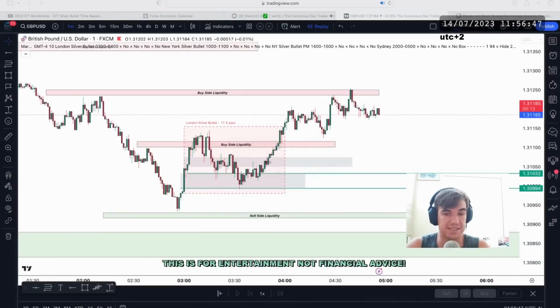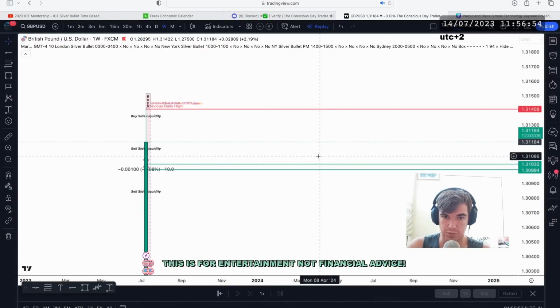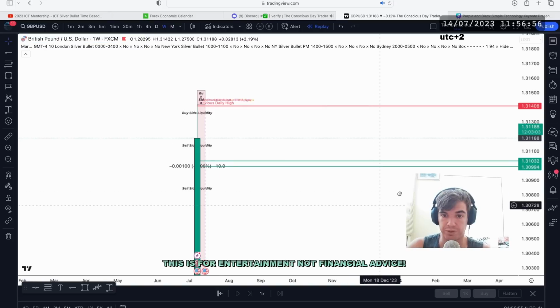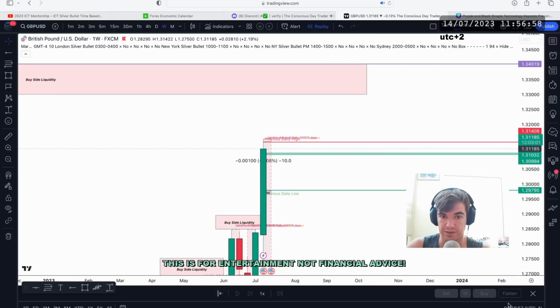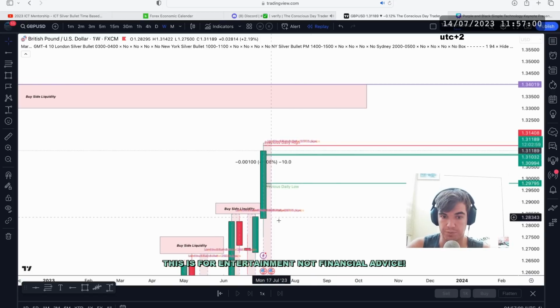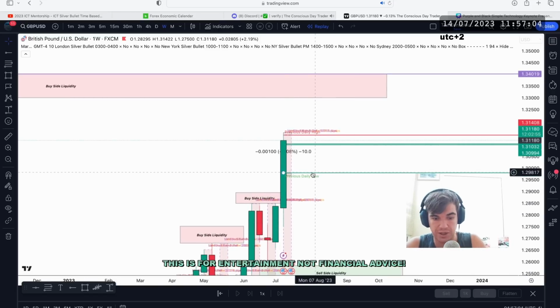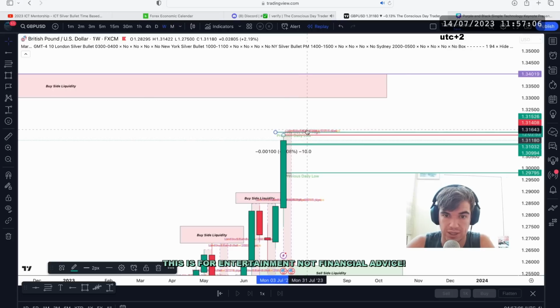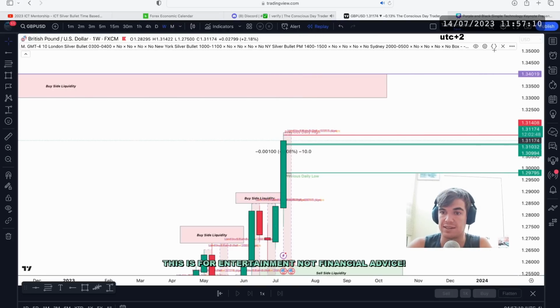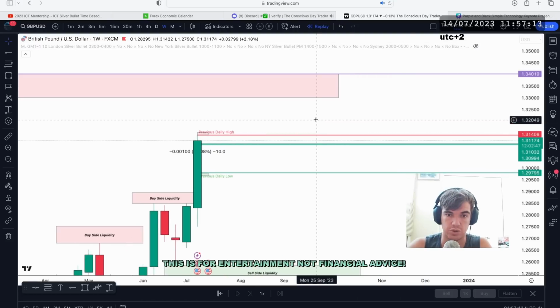What you can also do, and I'm going to show you this quickly, the same way we did the daily, we go on to the weekly, because we do have the previous daily, previous weekly high and the previous weekly low. So you can put these lines that we did before, copy this, and that will go to the weekly high. So then you have another line that you can add to your trades.